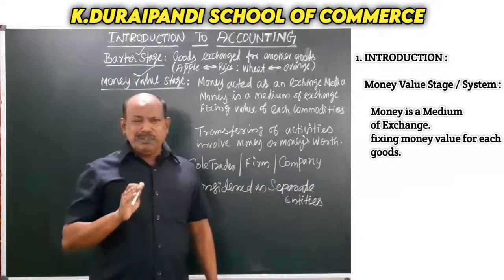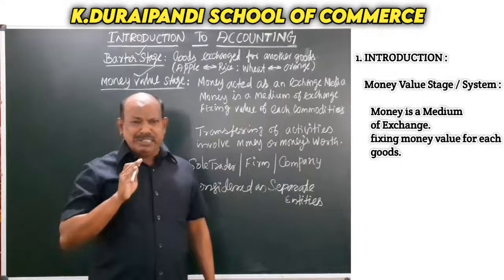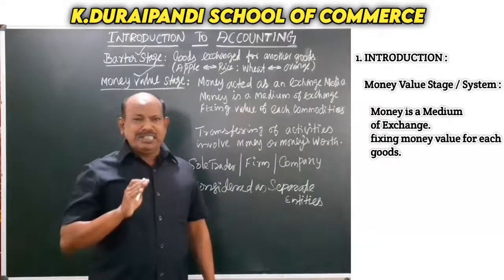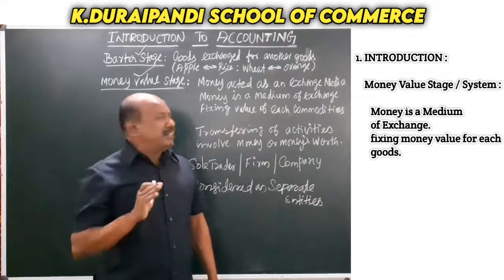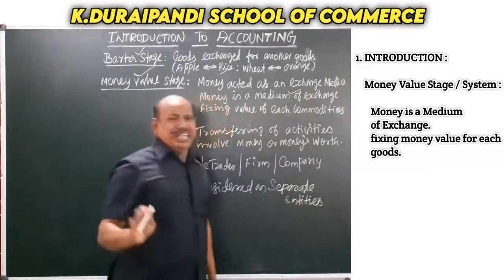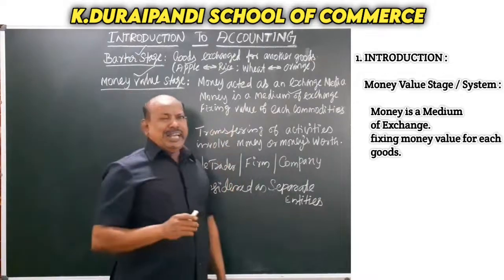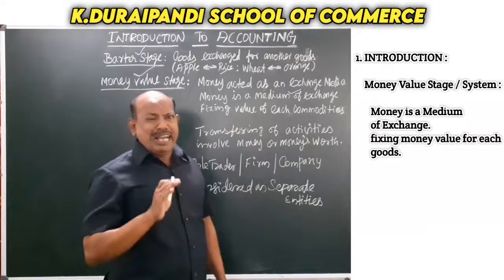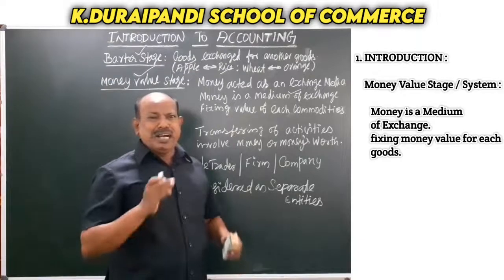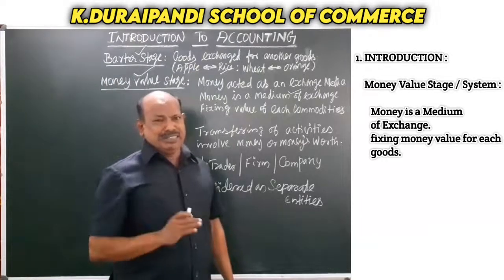What is money value stage? Money value stage is a stage or a system in which money is a medium of exchange. That is, money acted as an exchange medium for transferring goods and services.